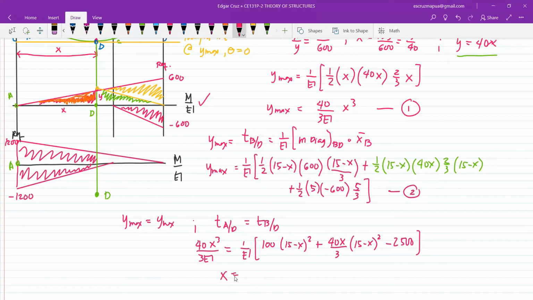The EI just cancels. So 40 over 3 times x cubed, so it is a cubic equation, equals 100 times 15 minus x squared plus 40x over 3 times 15 minus x quantity squared minus 25.